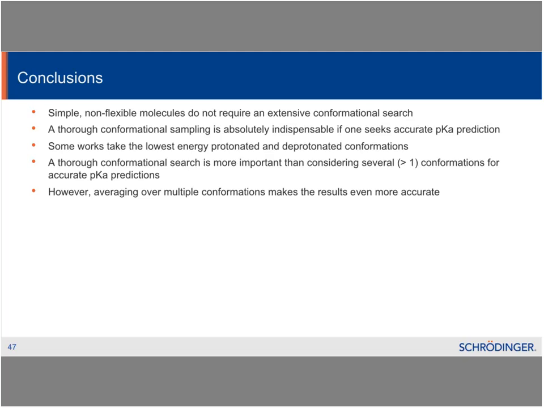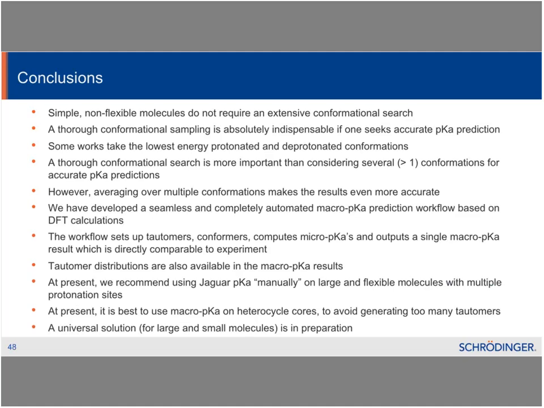So a thorough conformational search is more important than considering several conformations. We believe that if you take 1 or even 5 conformations, this is sufficient. You don't need to take 20 or 50 conformations for final pKa predictions. But the more conformations you take, up to 10, the more stable your results become, the fewer outliers you're going to get.